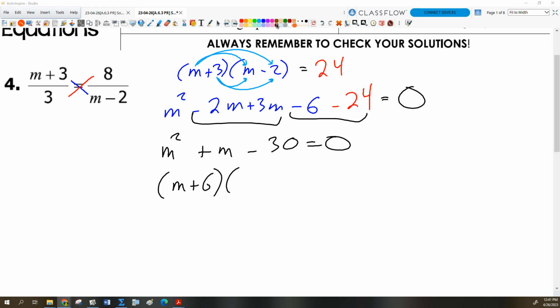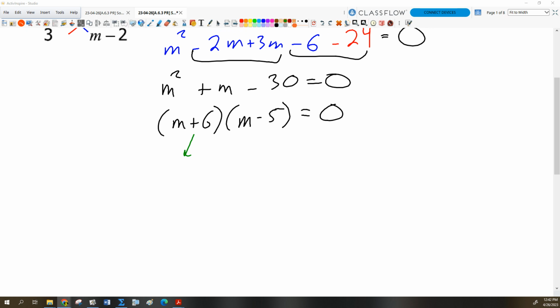m plus 6 times m minus 5 equals 0. So my solutions, but if I apply the zero product property, Karsten, what's that solution going to be for that factor? Zero product property, right? Because now I've got it factored. I've got a product of factors equal to 0.